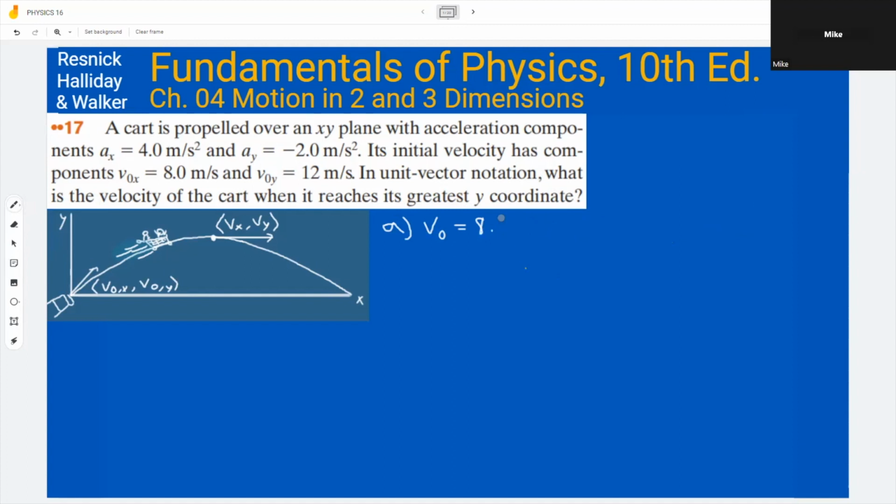Teka, nasaan yung unit vector notation? Teka, sige, share ko yung screen ko ha. Para may maano lang kung ano yung ibig ko sabihin.